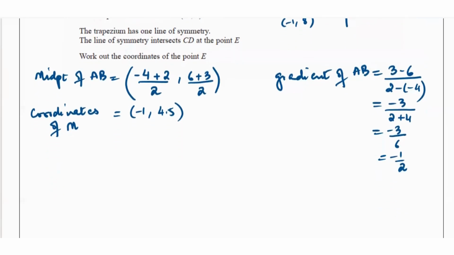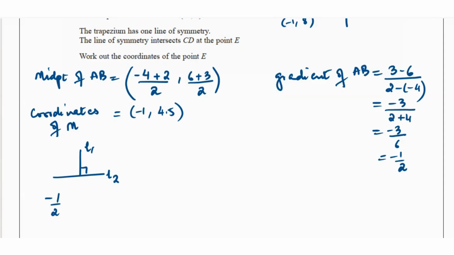If you remember, if we have two perpendicular lines, gradient of line 1 times the gradient of line 2 would equal negative 1, which means the gradient of line AB times the gradient of the line of symmetry would equal negative 1.